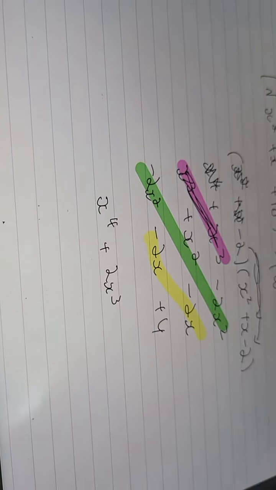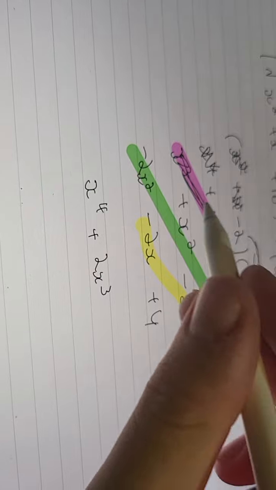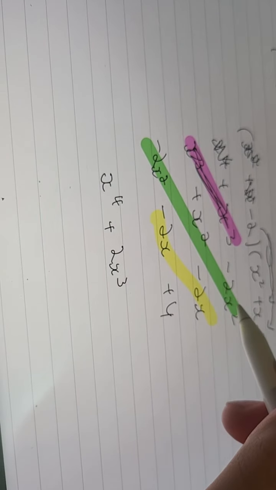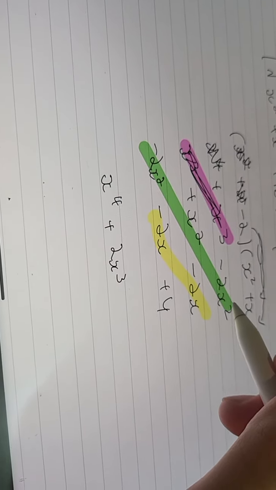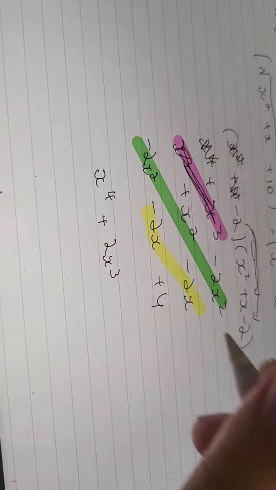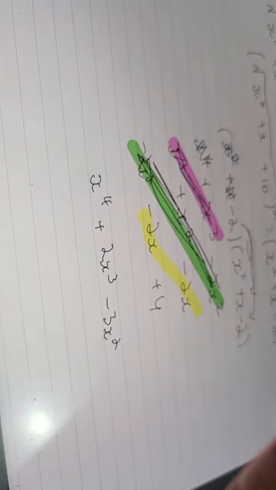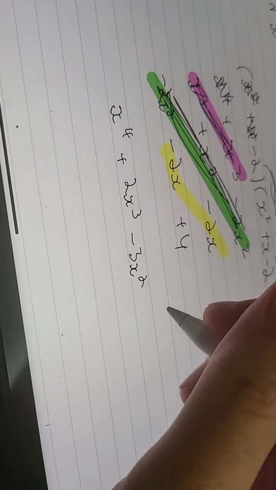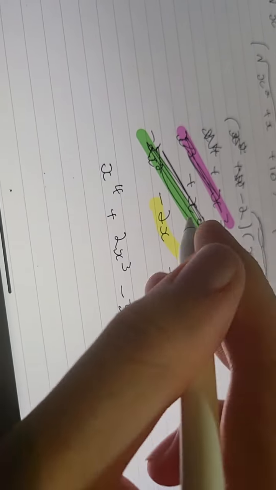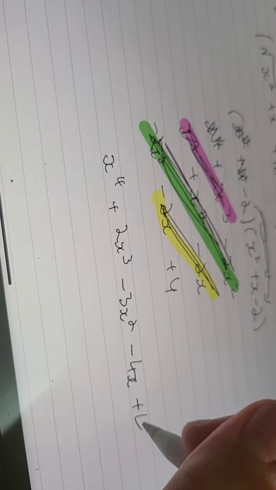Then minus 2x squared minus 2x squared is minus 4x squared. Minus 4x squared plus x squared is minus 3x squared. Minus 2x minus 2x is minus 4x. And then just plus 4.